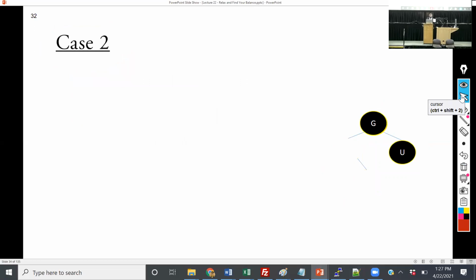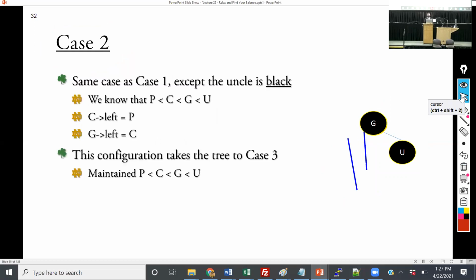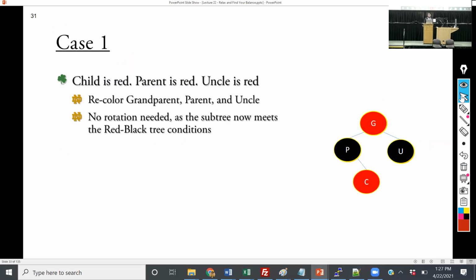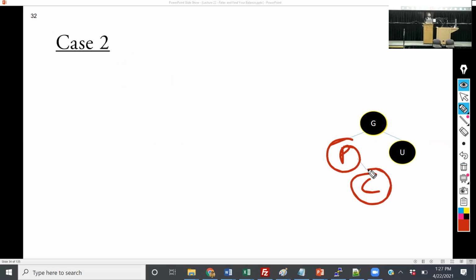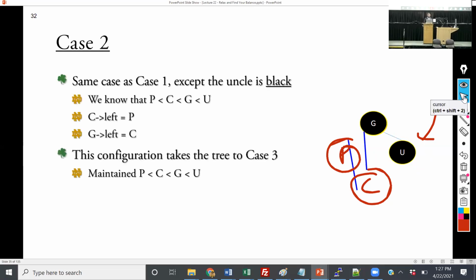Case 2 is the same as case 1, except now the uncle is black. So the parent is red and the uncle is black here. We now know the ordering of parent, child, grandparent, and uncle.